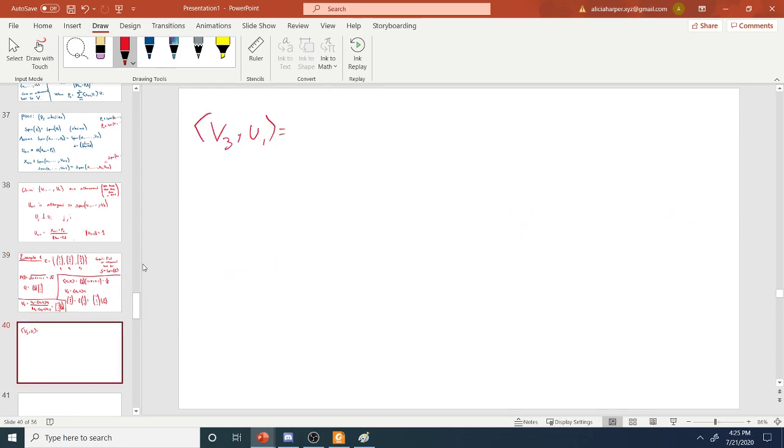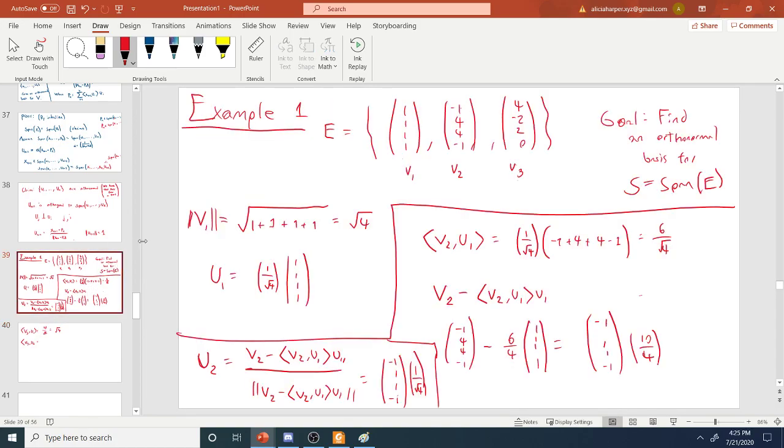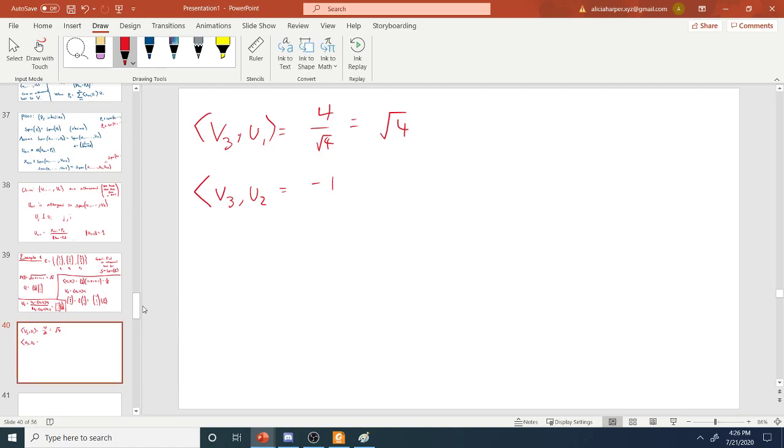So I just get 4 divided by the square root of 4, which is just the square root of 4. I also compute V3 inner product with U2: 4 times negative 1 divided by the square root of 4, plus negative 2 times 1, plus 2 times 1, both divided by the square root of 4, and they cancel. So I'm left with negative 4 divided by the square root of 4, which is just negative the square root of 4.